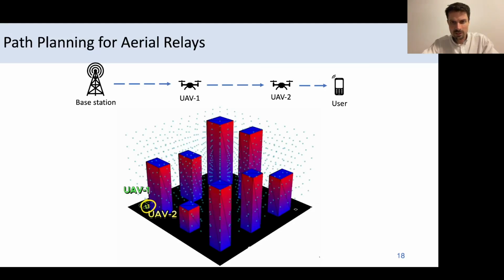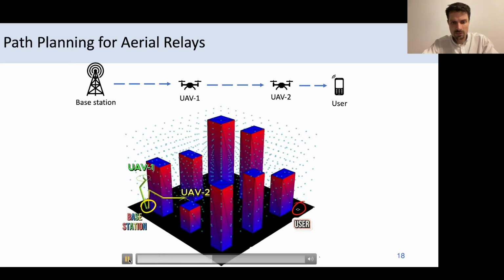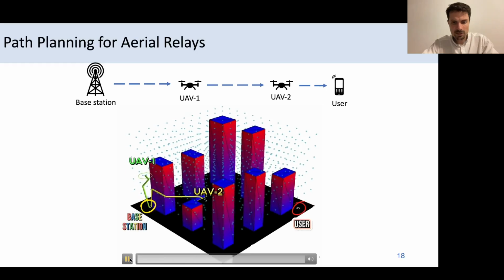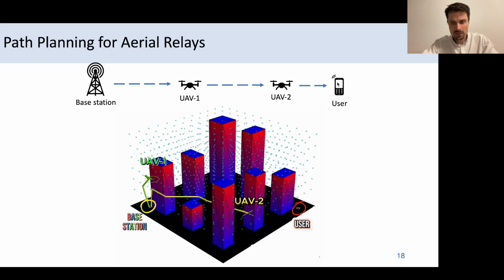So the UAVs need to adopt positions in the airspace so that these links can be established and have the necessary rate, right?